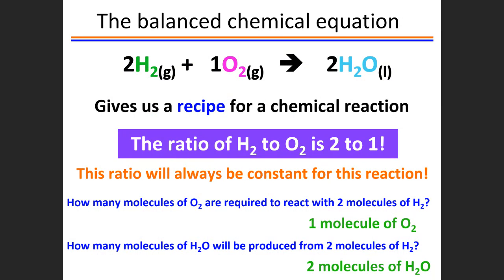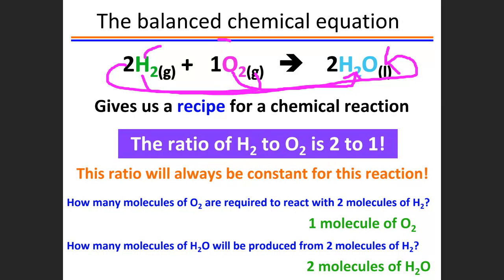Now, first of all, I want to tell you about the ratio. A ratio can be between hydrogen and oxygen, between reactant and product, or between hydrogen and water. Any kind of ratio is possible, correct?